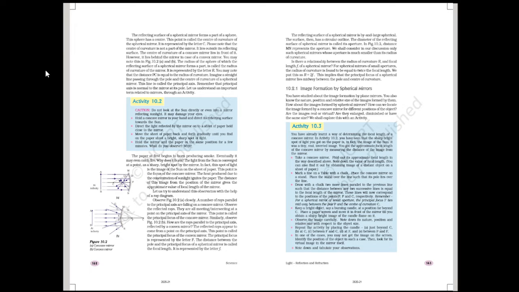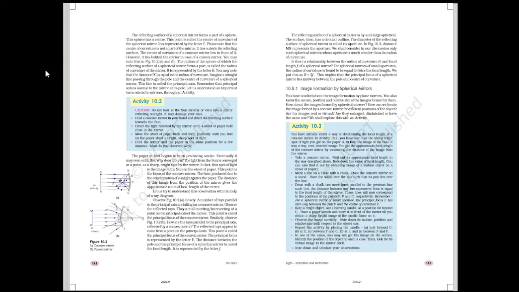briefly. A number of rays parallel to the principal axis fall on a concave mirror, and we observe that the reflected rays all meet at a point on the principal axis of the mirror. This point is called the principal focus of a concave mirror. Similarly, the reflected rays appear to come from a point on the principal axis.